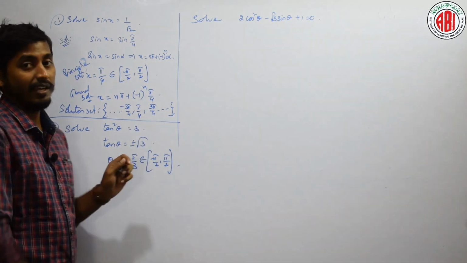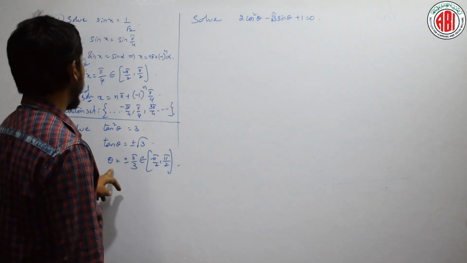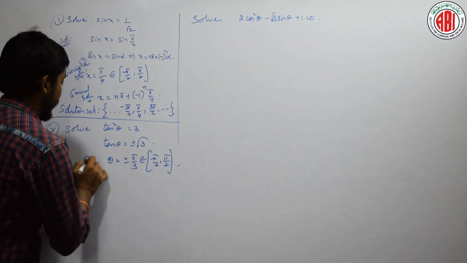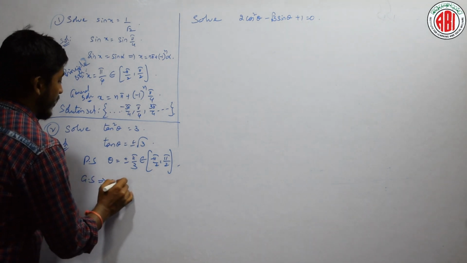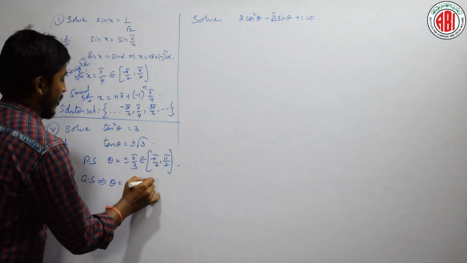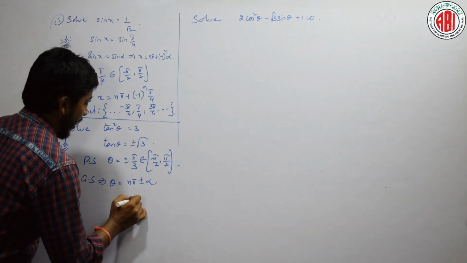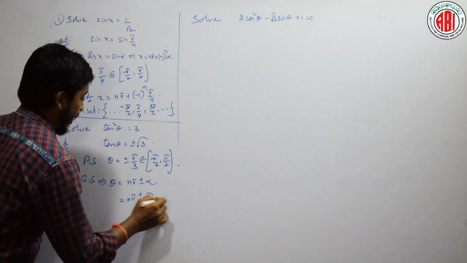This is its range, right? Yes or no? What is this? Principal solution. What is the general solution for this? Theta is equal to n pi plus or minus alpha, that is n pi plus or minus pi by 3.